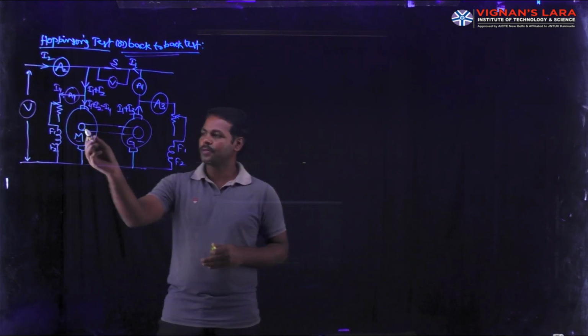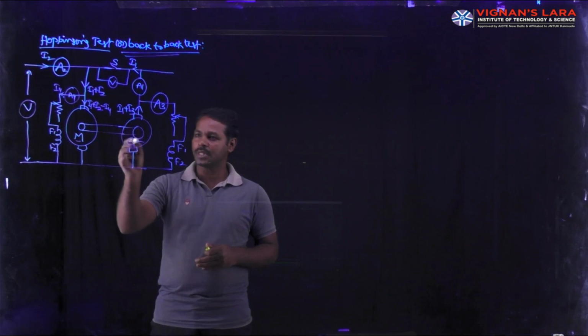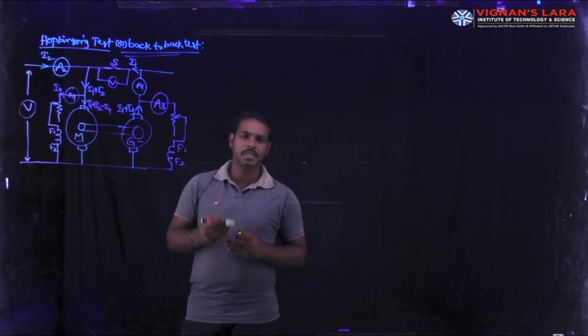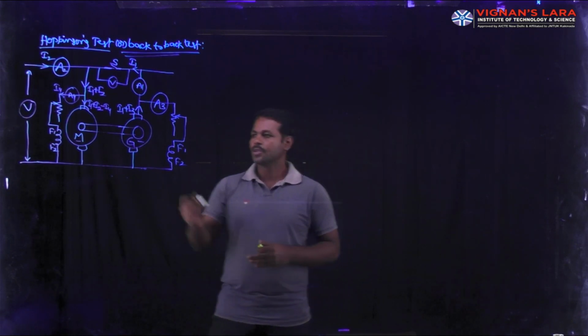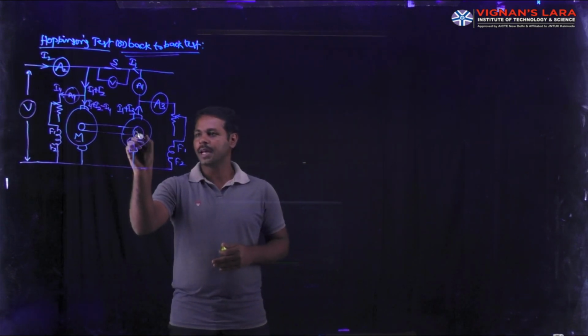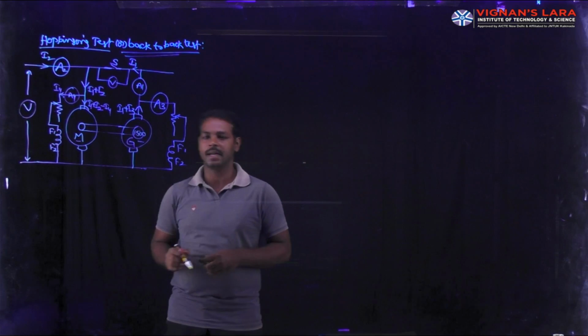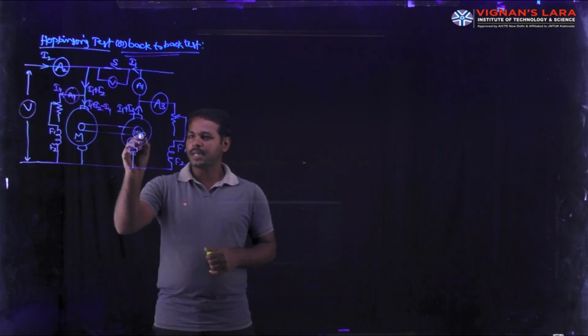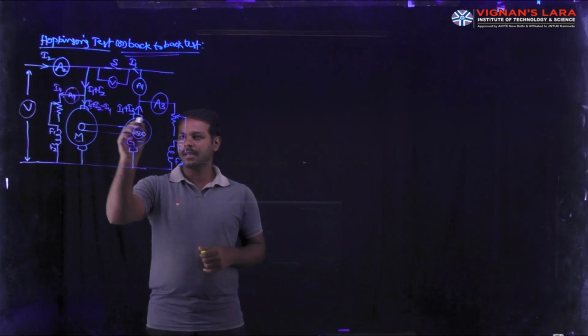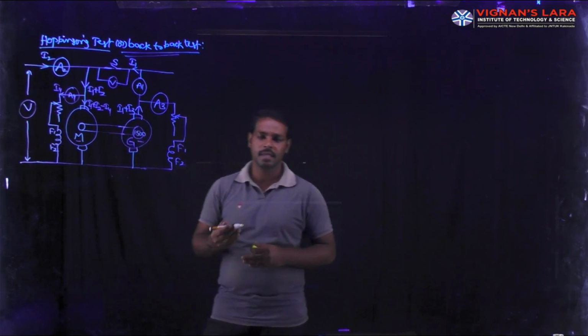The shaft of the motor is directly coupled to the generator, so the armature of the generator is also rotated at the same speed, which is 1500 RPM. Whenever 1500 RPM is generated, those conductors cut the main flux and induce an EMF.